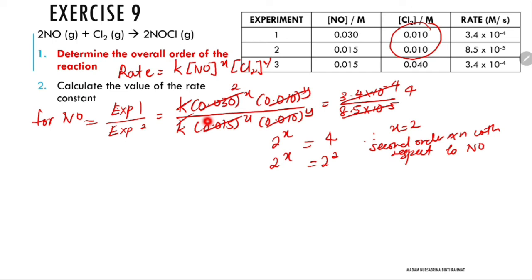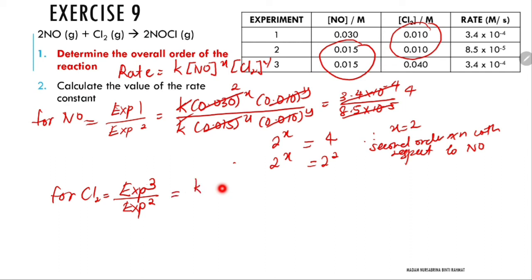Now let's do it for chlorine. For Cl2, I'm going to compare experiment 3 and experiment 2. Experiment 3 goes on top of experiment 2, because in experiment 3 I have a greater concentration of chlorine as well as a greater rate of reaction.